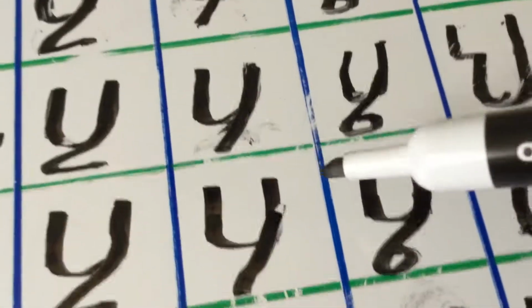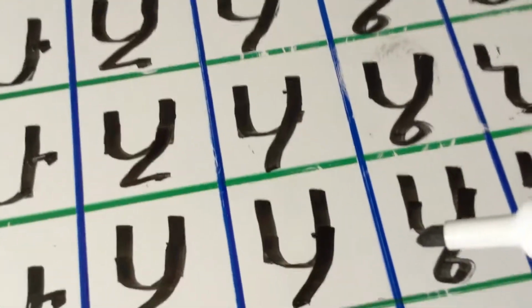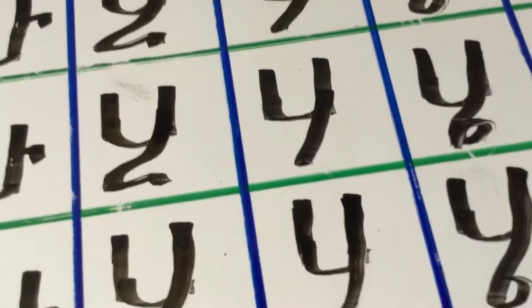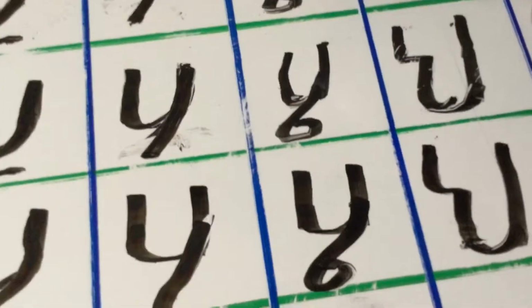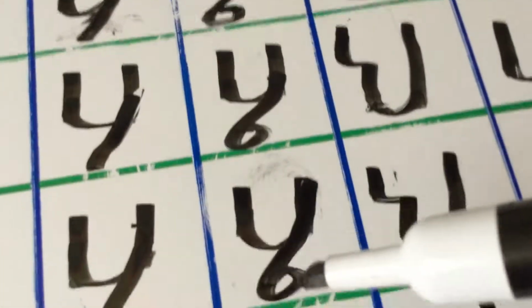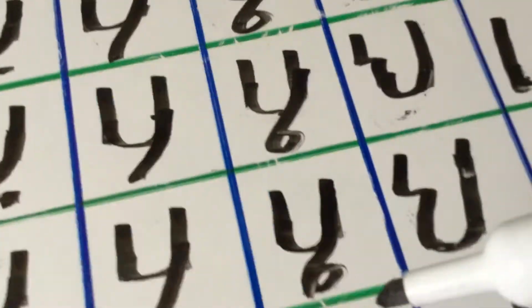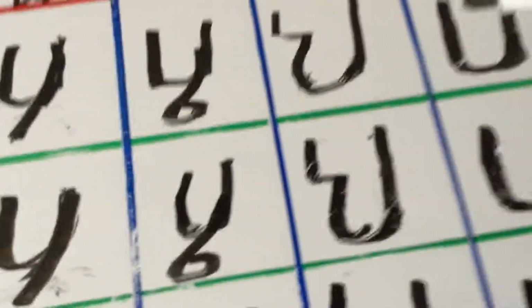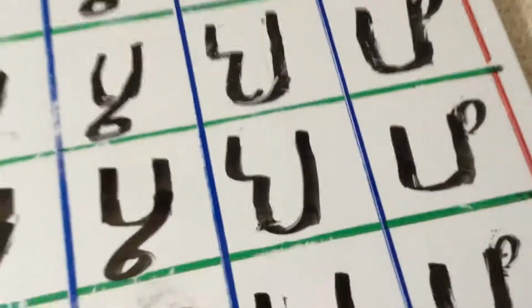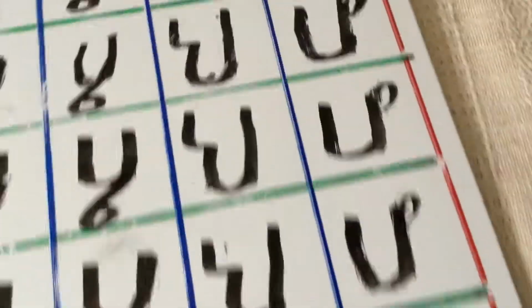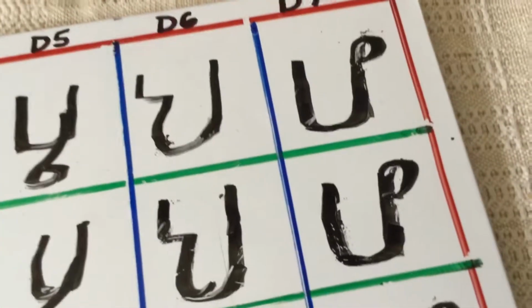This is ha, and he, he, he, he, hu, and the last one is ho. This sign is ho, ho, ho.